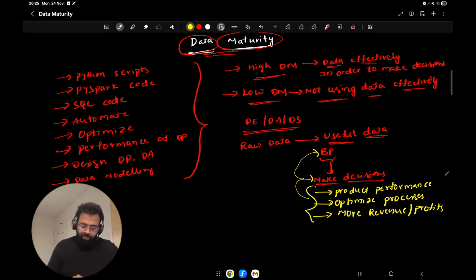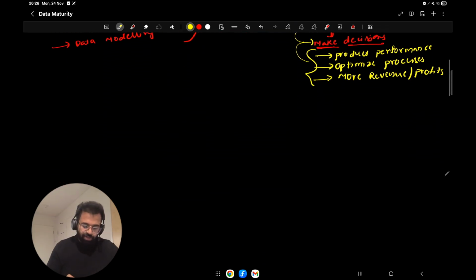Okay, so in order to understand a little bit more about data maturity, we have to look at the three-stage model that all the companies typically go through. So let's try to understand the three-stage model.